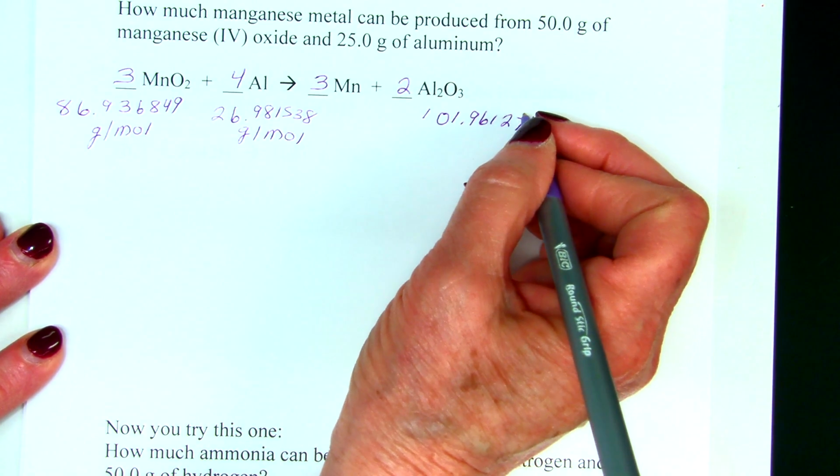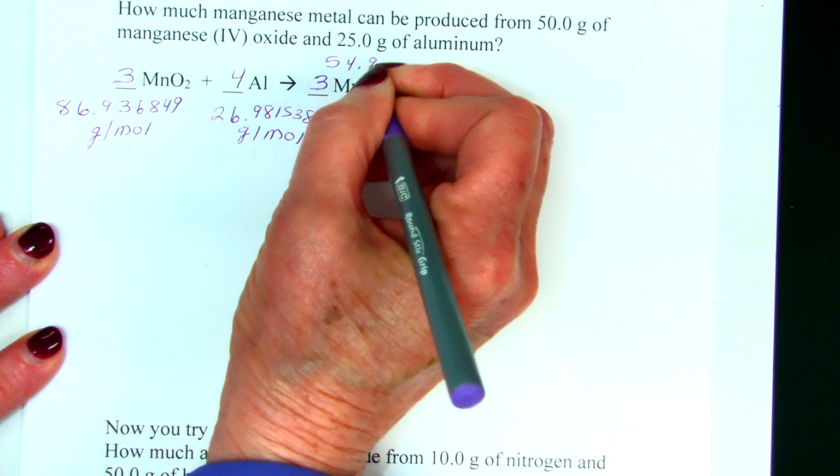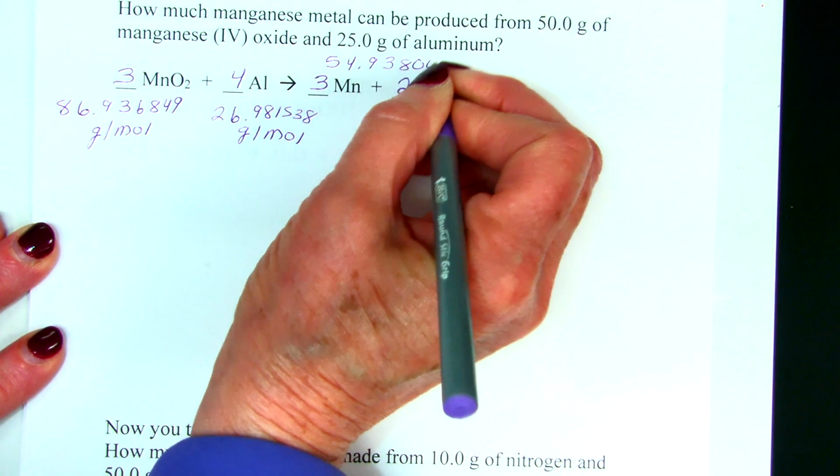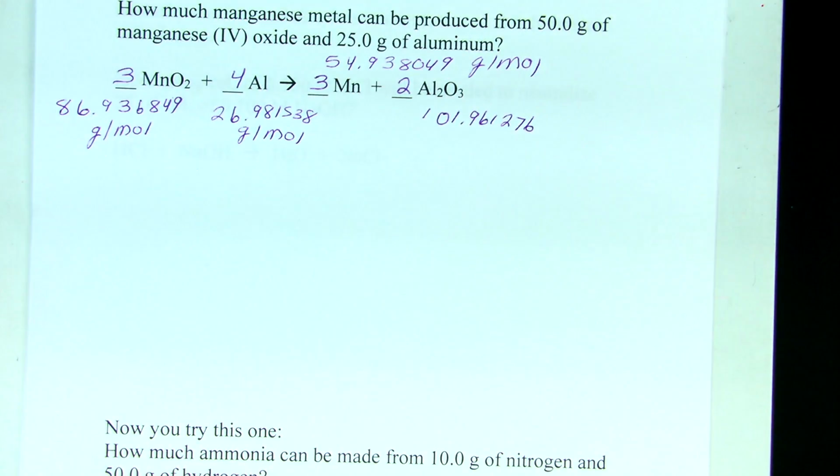Oh, and I actually don't even need that. And the manganese, 54.938049 grams per mole. So I found the molar mass of everything. Turns out I don't even need the aluminum oxide because the question doesn't say anything about aluminum oxide. So now we have balanced the equation and we found the molar masses of the things of interest.